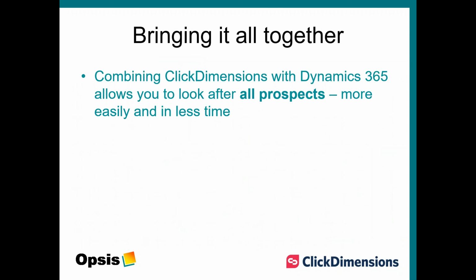So what I'm now going to do is just a very quick summary. What I hope you've now realized is that combining ClickDimensions with Dynamics 365 enables you to look after everybody who may buy from you, not only those who have got a reasonable probability of buying in the next 3 months, but people who may not be ready to buy for 6, 12, 24, even 60 months from now.